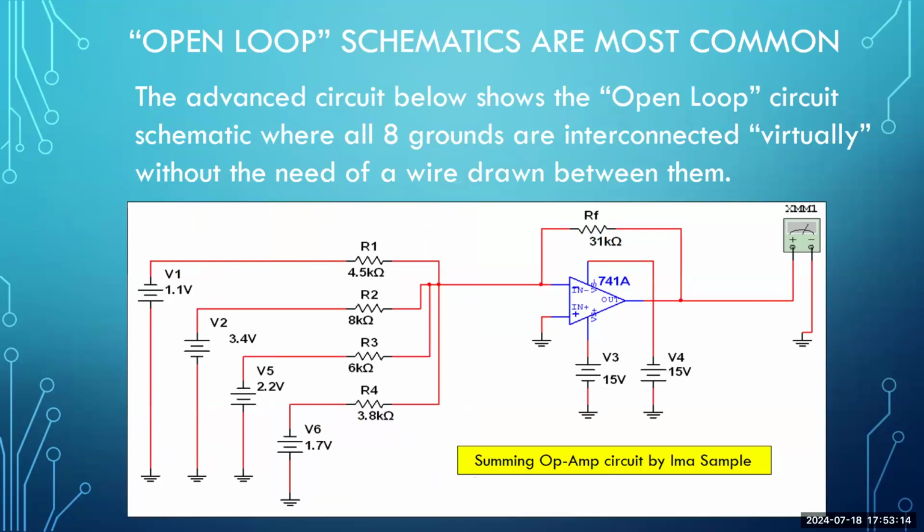There's 4 on the left-hand side, there's 3 in the middle, and then 1 on the far right-hand side underneath what looks like a multimeter. And they are all interconnected virtually. There's no need to draw a wire between them. So it makes for a cleaner display of your schematics as they become more and more advanced.